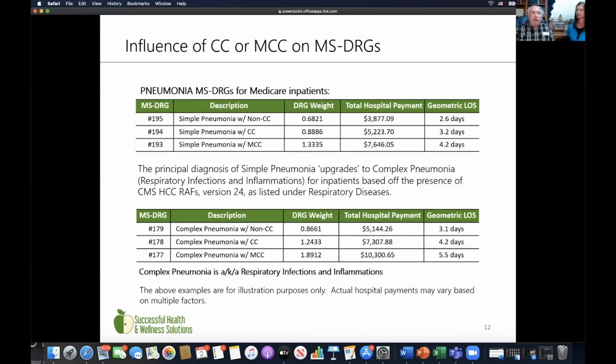I feel in the future that because of the gravity and severity of COVID-19, it will fall into the complex pneumonia grouping, which is also known as respiratory infections and inflammations by the DRG coders. So these above examples are for illustration purposes only. May vary based on multiple factors, including location.